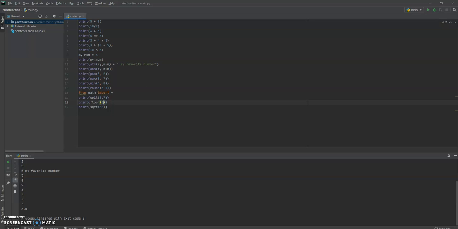So if I put in 5, it would give me 5. But if I give it 4.7, it would give me 4, because it gives me a whole number, or actually an integer. And decimals are not integers, so yeah.